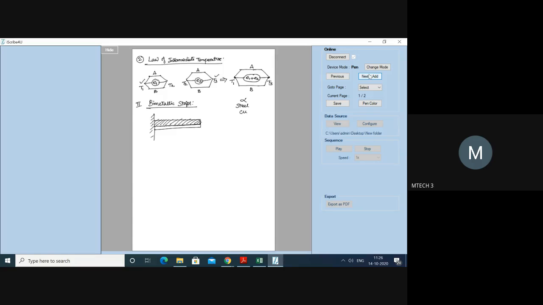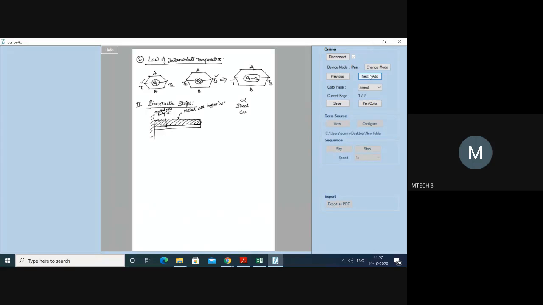This is the metal with higher value of alpha. This is the metal with lower value of alpha. Is it clear now?